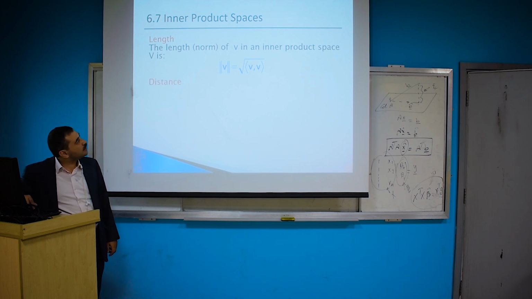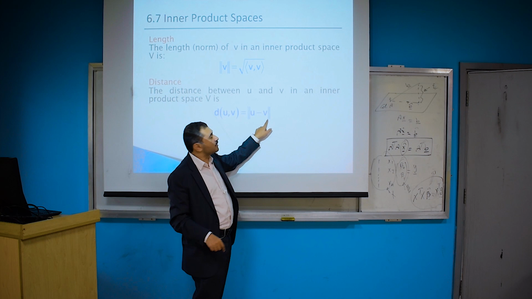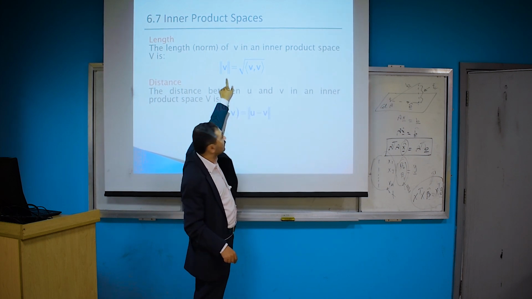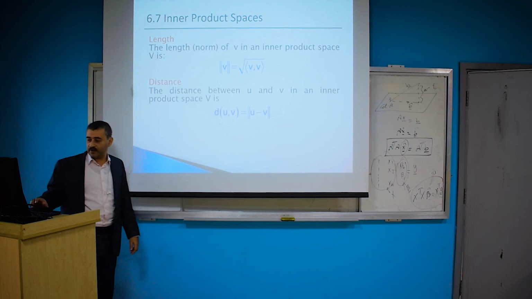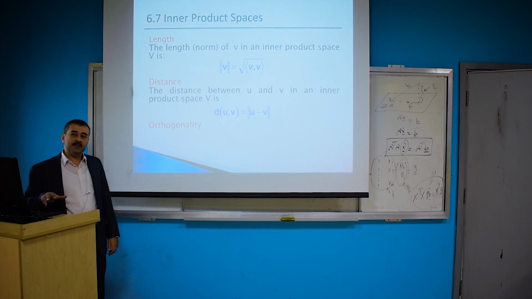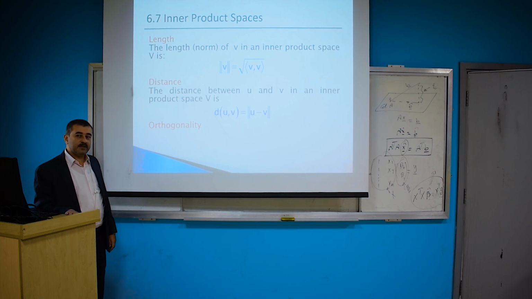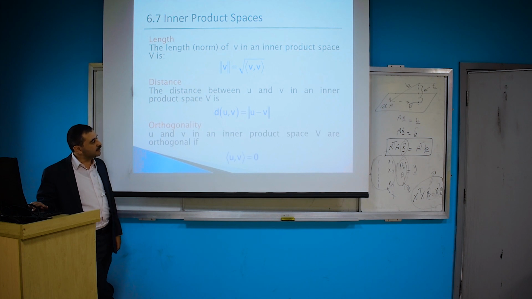So again here we write it as the length of the difference between two vectors, and you get the length as the square root of the inner product between the vector and itself. And orthogonality: if the inner product is 0, then the vectors are orthogonal.